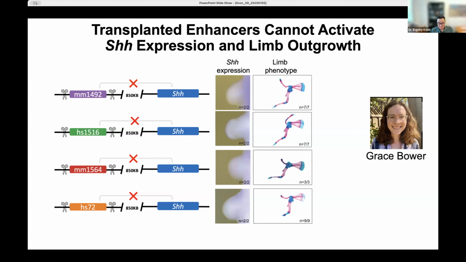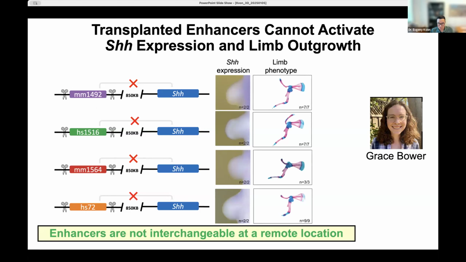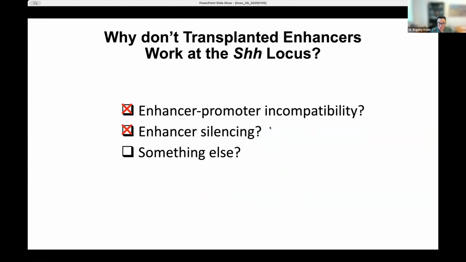So what it means is that enhancers are not simply interchangeable at a remote location, like they are in the transgenic reporter assay, right? So what's going on? To cut the long story short, we ruled out a lot of possibilities.